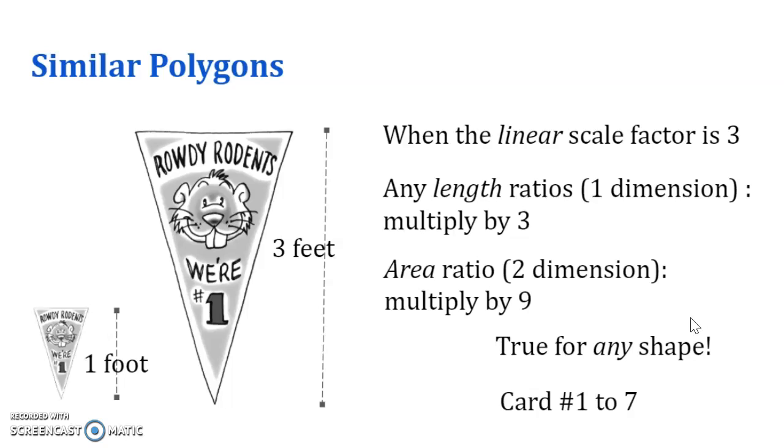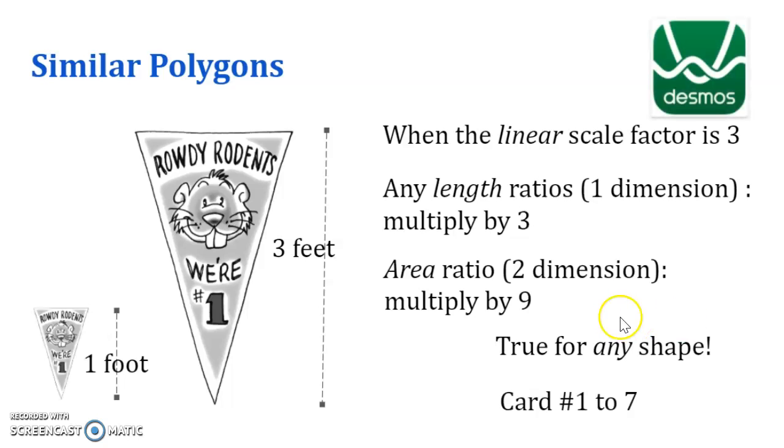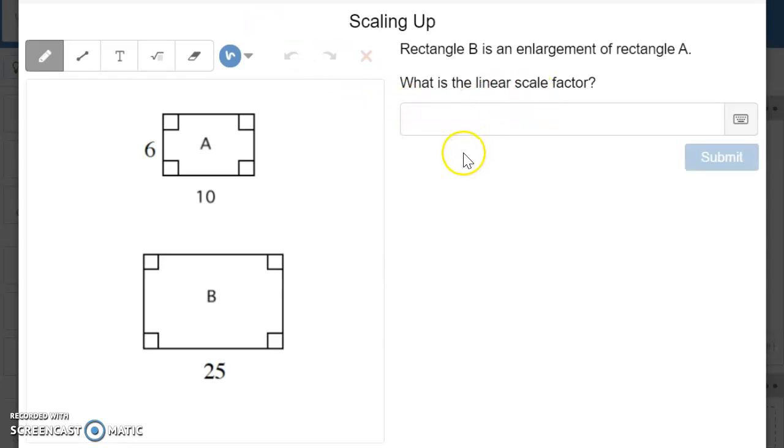So now you're going to go on to decimals and card number 1 to 7. Card number 1 to 7 will look like this. Card number 1, rectangle B is the enlargement of rectangle A. So this smaller rectangle is being enlarged to the larger one. What is the linear scale factor? What am I multiplying to get from the original to the final?